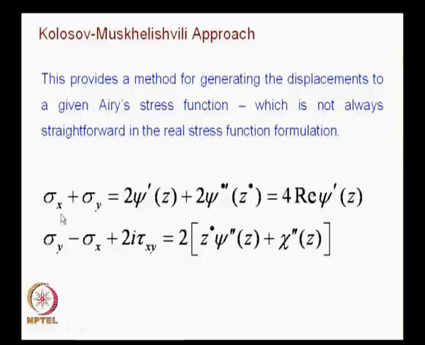We have sigma x plus sigma y equal to 2 psi prime z plus 2 psi star prime z star, equal to 4 times the real part of psi prime z, and sigma y minus sigma x plus 2i tau xy equal to 2 times z star psi double prime z plus chi double prime z.